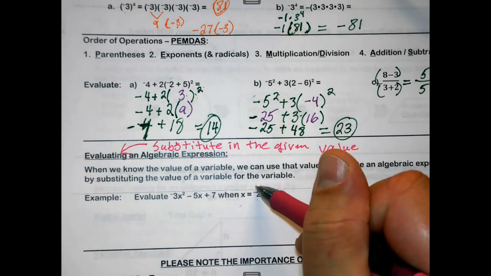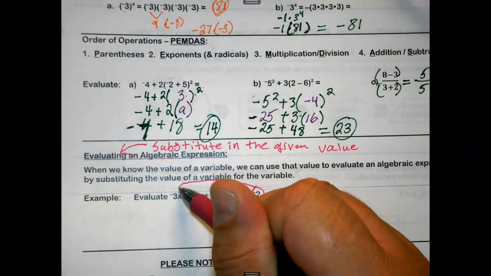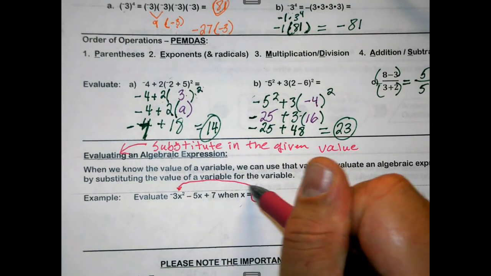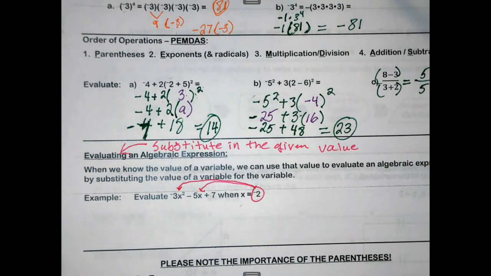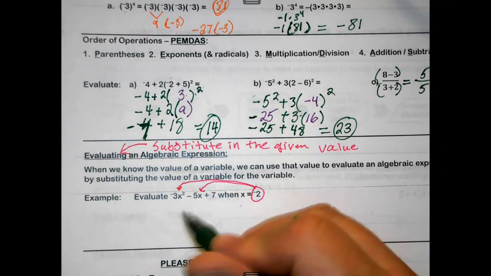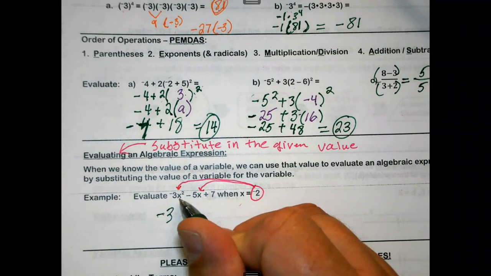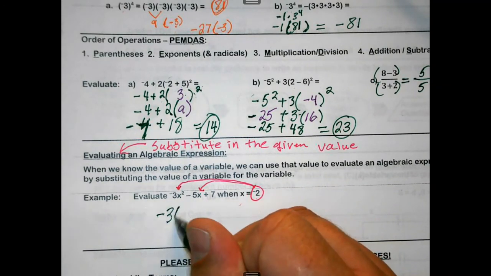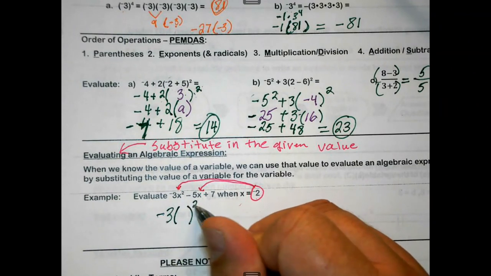So I'm going to take that negative 2, and wherever there's an x, I'm going to substitute it in. Now, this is a good problem because it's a negative 2. When you're evaluating, wherever you see that x, put in parentheses and copy everything else.